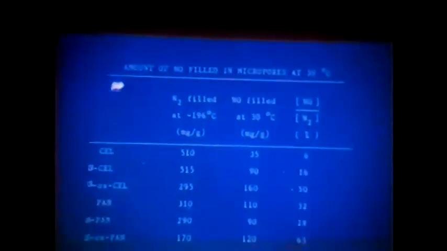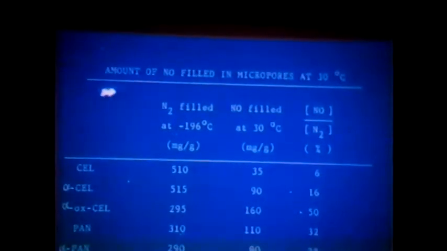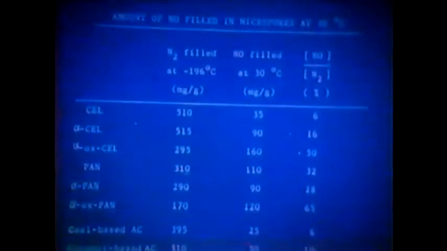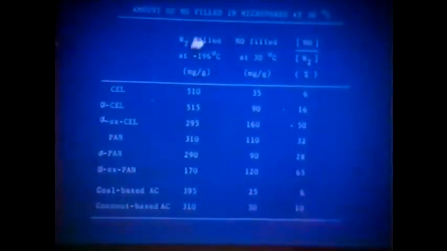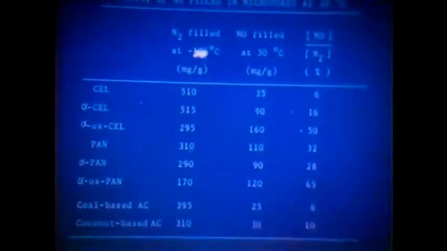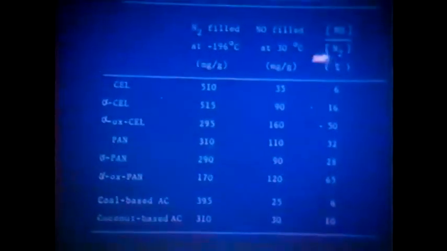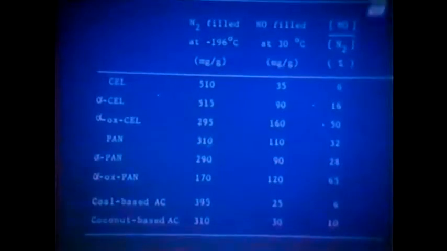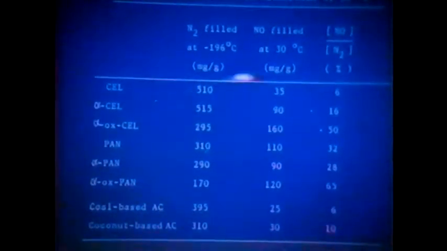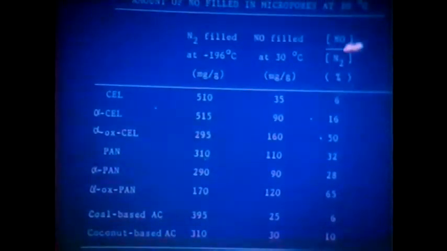Here, I'd like to compare the amount of NO filled in the micropores at 30 degrees with the amount of nitrogen filled at minus 160 degrees. This is the ratio of these values in terms of the number of molecules.